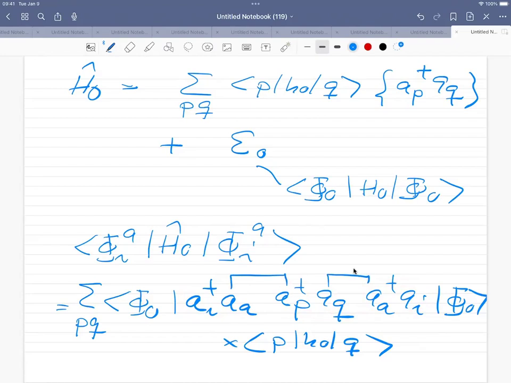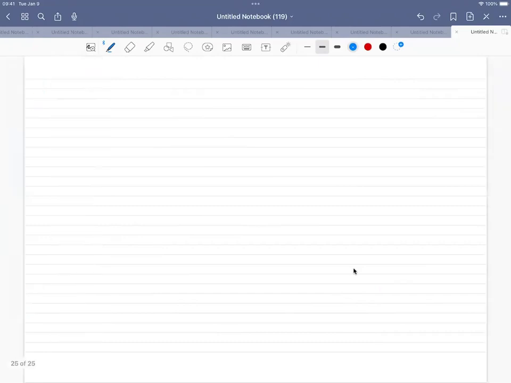If P and Q are particle states, then I has to go to I. And then the other possibility is clearly the case where P and Q become hole states. So when I do this contraction, or all of them, I'm going to get epsilon A minus epsilon I plus this reference energy.